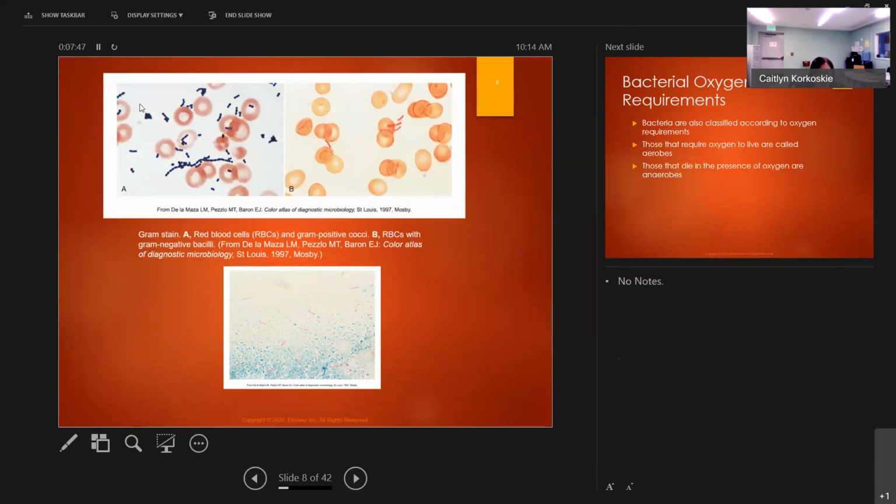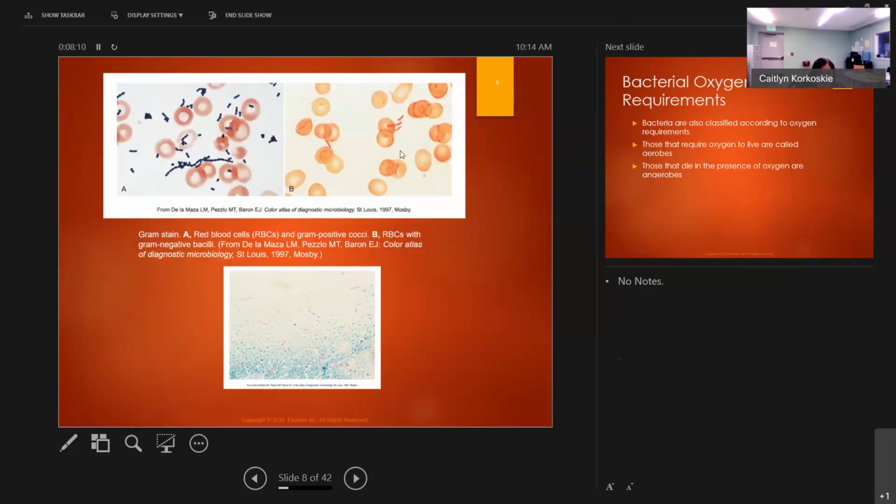On this side, A is red blood cells with a gram-positive cocci. You can see these are round-shaped, which is why it's called cocci. Over here in B is red blood cells with a gram-negative bacilli.